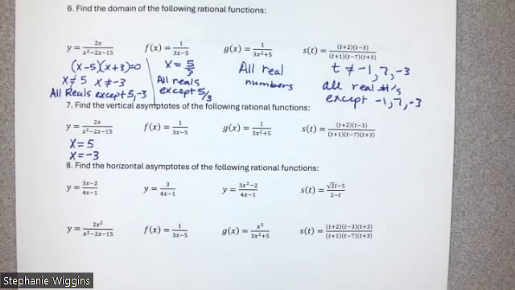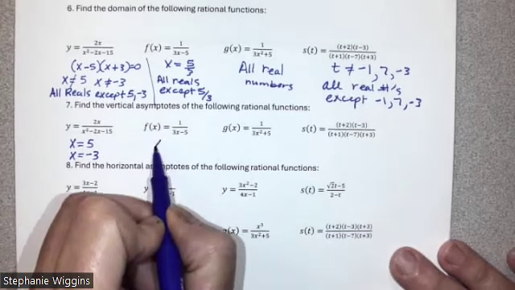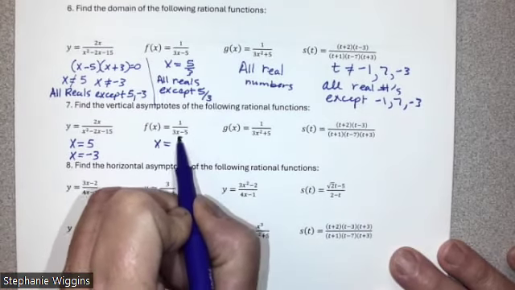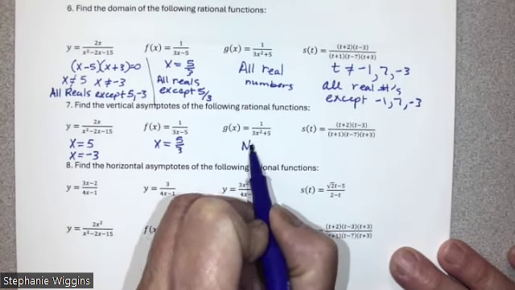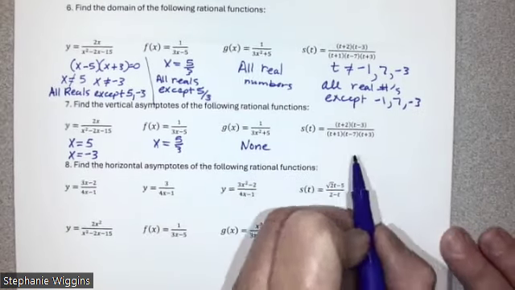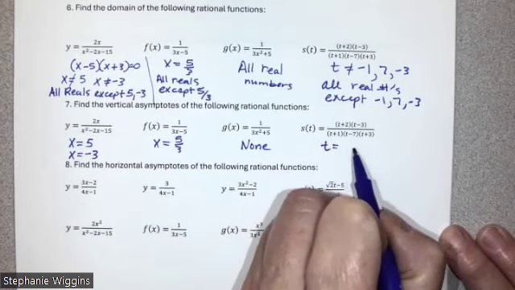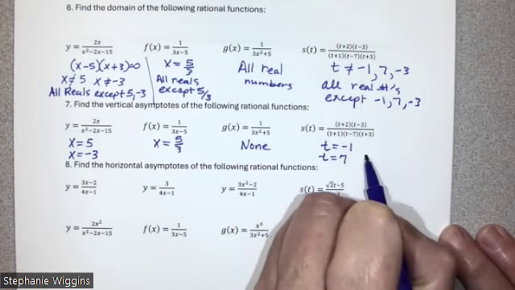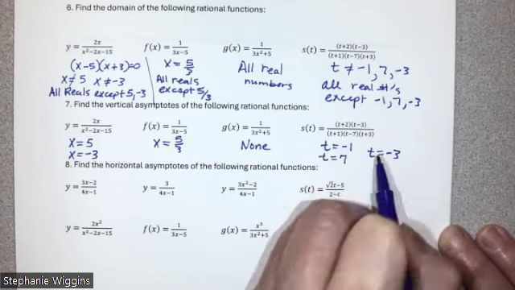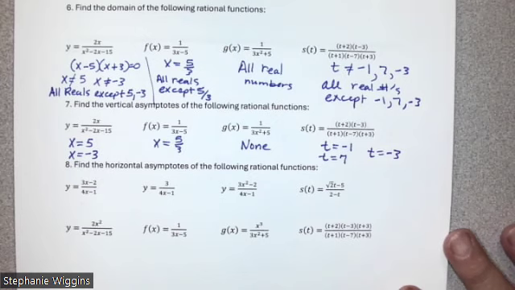Vertical asymptote, you can't have the function exist there because you're dividing by 0. So here, the vertical line x equals 5/3 is a vertical asymptote. Here, there are no vertical asymptotes. And here we have t equals -1, t equals 7, and t equals -3 are all vertical asymptotes.